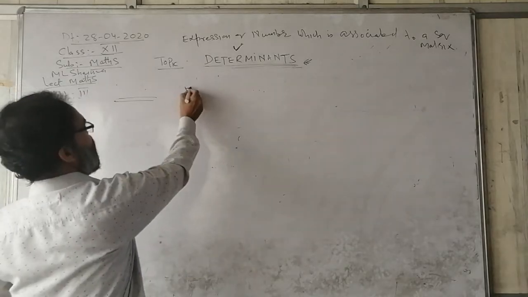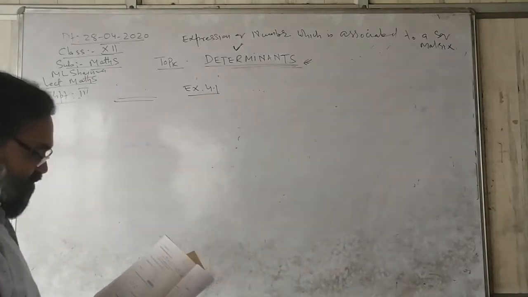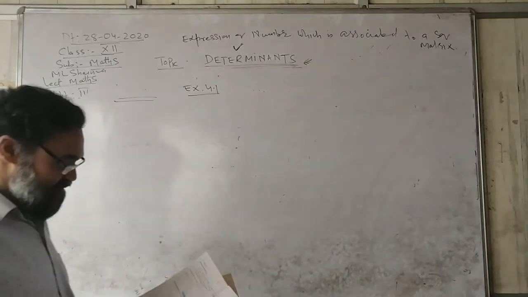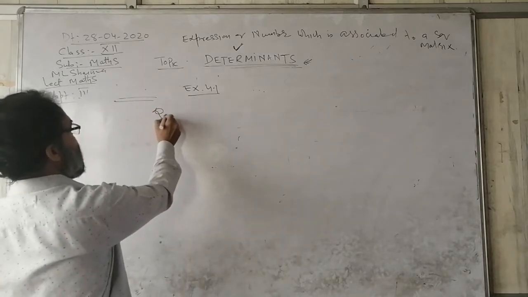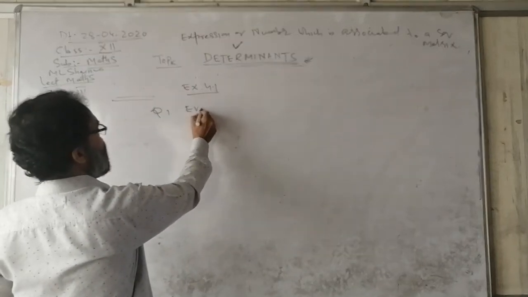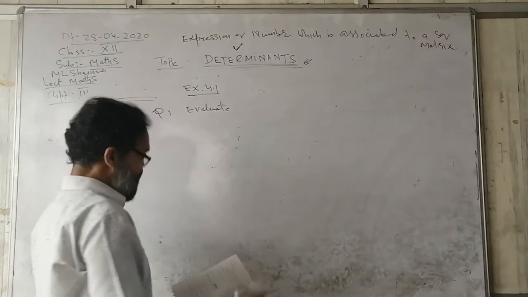So this is your exercise 4.1. There are a total of 8 questions in this exercise. The first question says, evaluate the determinants.